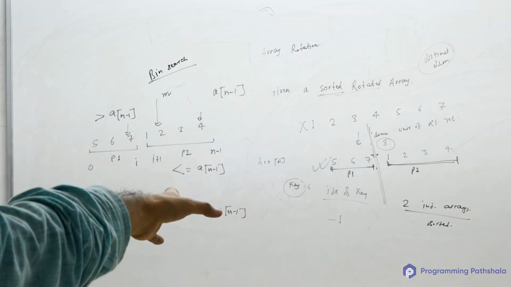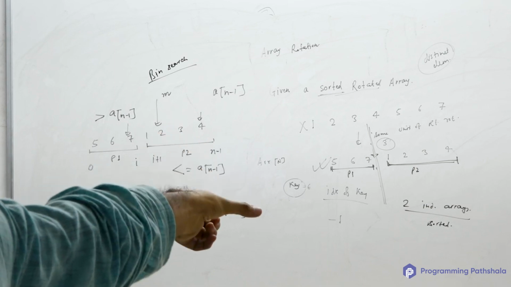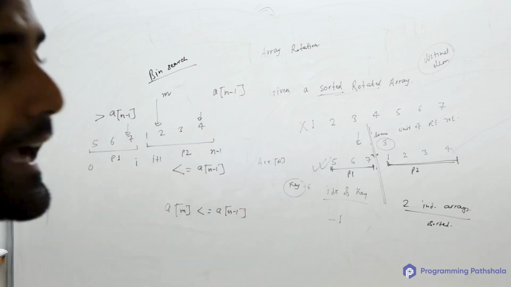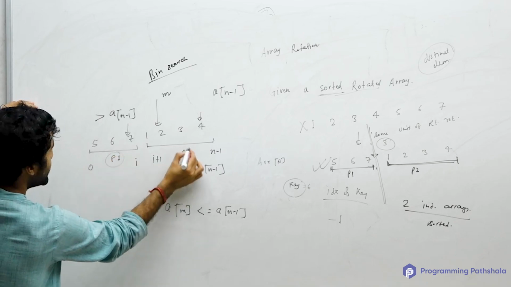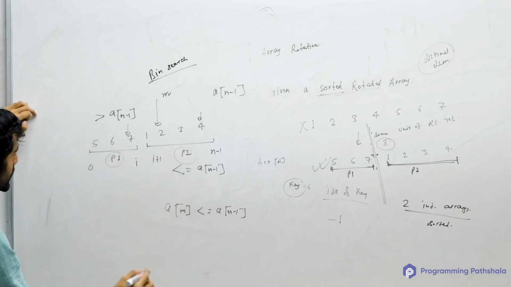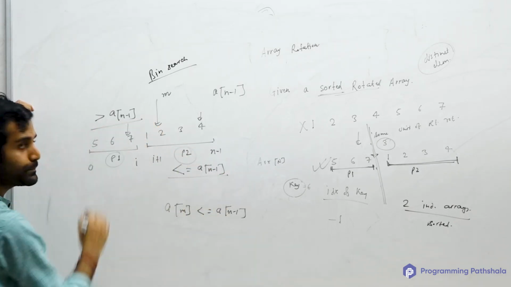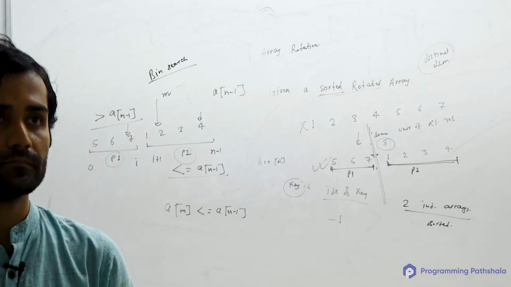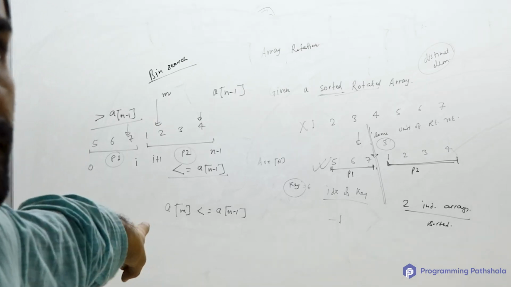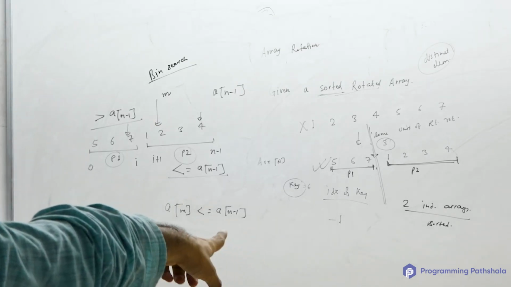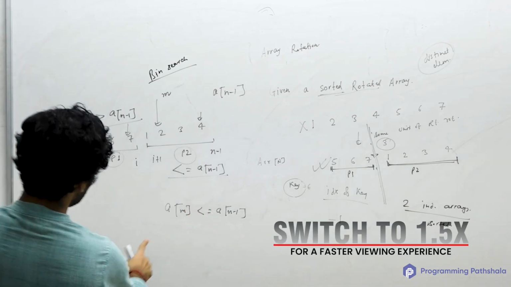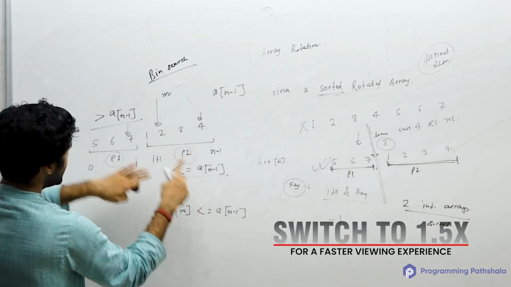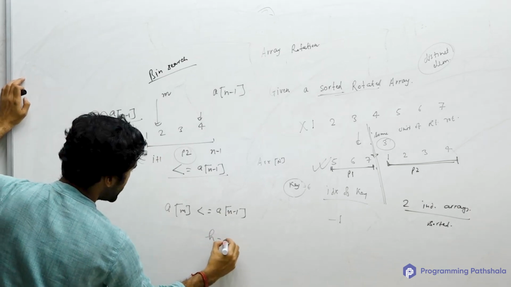The entire point is detecting whether you are in part 1 or part 2. Can you utilize this property to figure that out? You just have to compare A[m] with A[n-1], which is the last element. So if A[m] is smaller than or equal to A[n-1], you will do high = m-1.